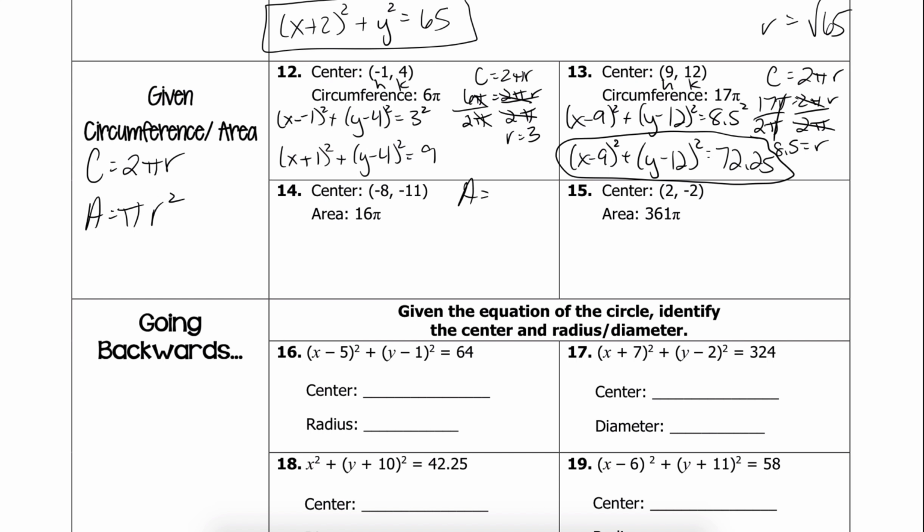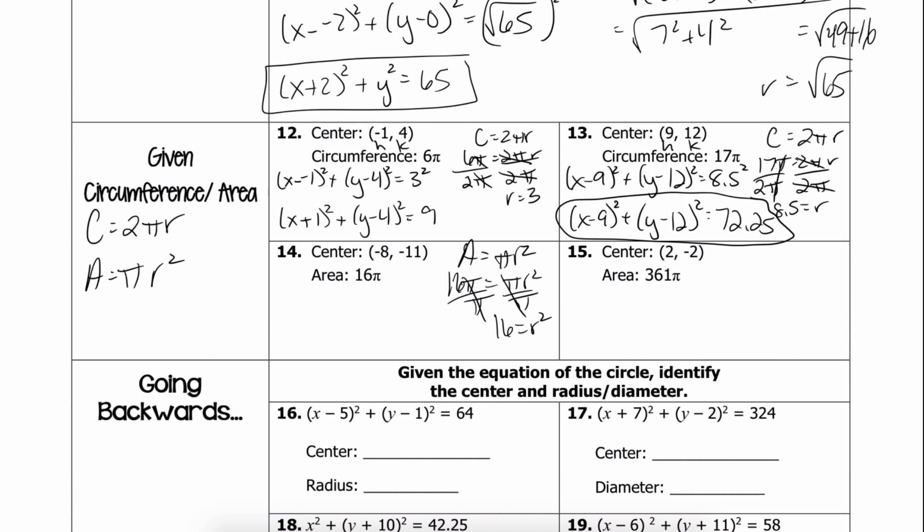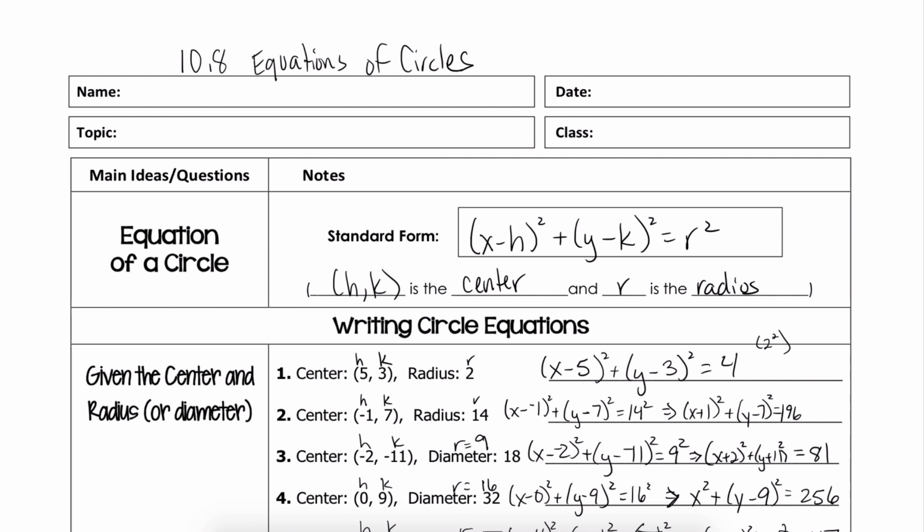Let's do a couple with area. Area equals pi r squared. 16 pi equals pi r squared. Divide by pi first. 16 equals r squared. Hey, wait a minute. If I go back to my equation, wasn't my answer equal to r squared? See how it's already equal to r squared?